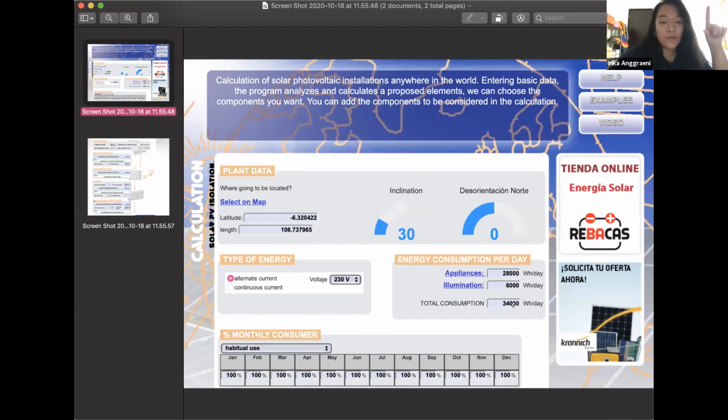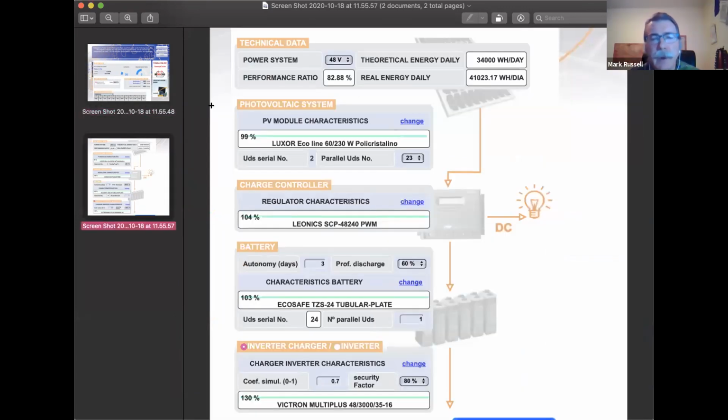I pay 1,500 per month, and then I divide it by the cost that electricity in Indonesia costs, which is 1,044. So it's about 34,000. Excellent. Good. Okay. Then it's the result. I don't really understand how to read this actually.